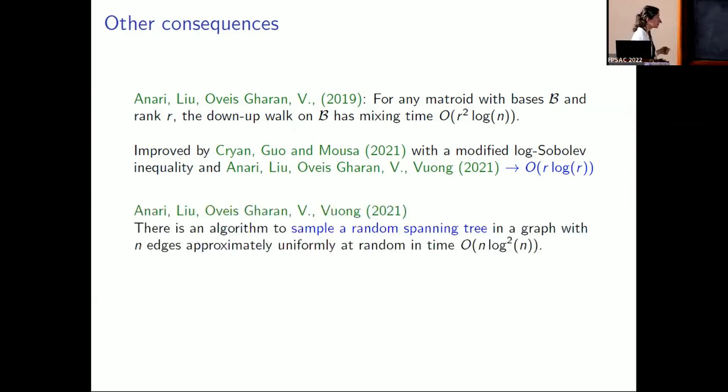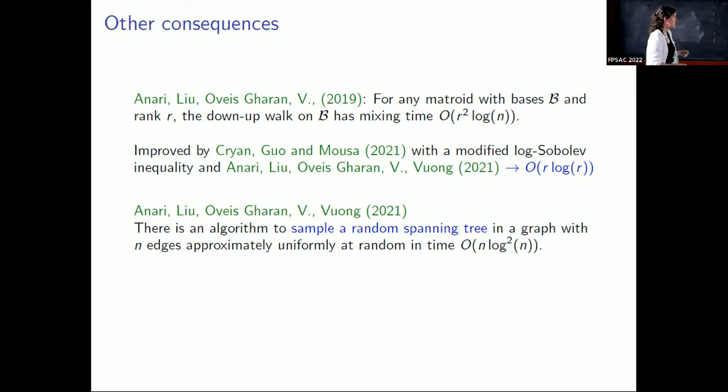In particular, one place where you can implement this very quickly, where you can take a single step of this walk very quickly, is in the case of spanning trees of a graph. And so somewhat surprisingly, this gives a very fast algorithm to sample a spanning tree from a graph uniformly at random.